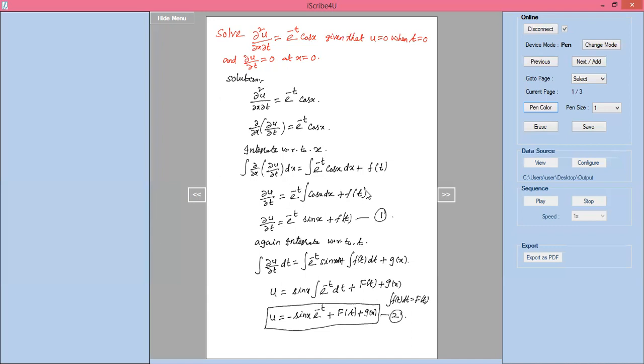Now we can use the conditions: the first condition in equation 1 and the second condition in equation 2.